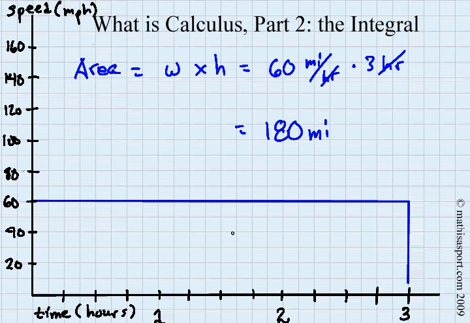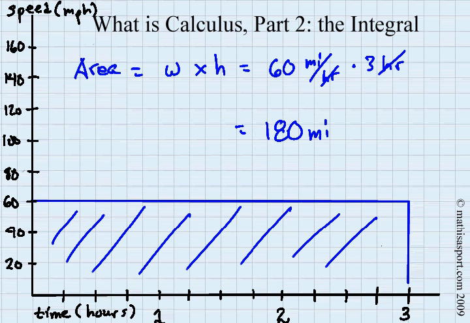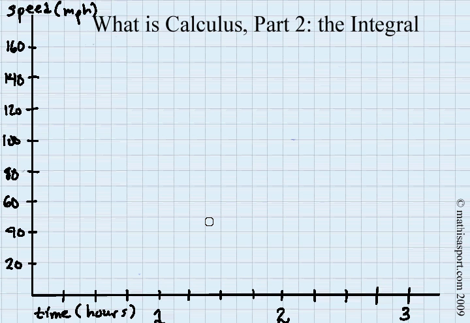And so on this kind of graph, this area underneath the speed function, in fact, seems to suggest that it gives us the distance traveled. Interesting. So let's recall the second case that we looked at, one where the speed changed a couple of times over the course of the trip. Initially, we drove at 60 miles an hour for the first hour.